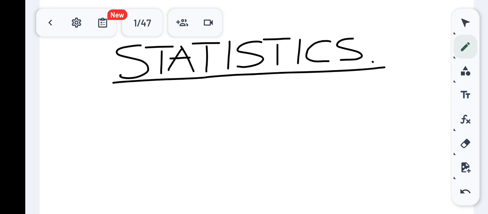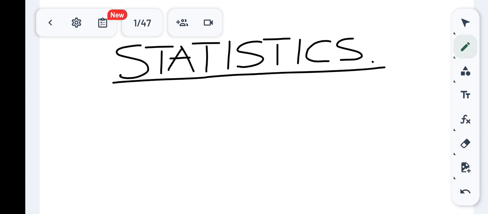Statistics basically deals with collecting, organizing, analyzing, interpreting, and also presenting data. Statistics helps us to draw conclusions or make decisions based on that information that we collected, that we organized, and all of that.